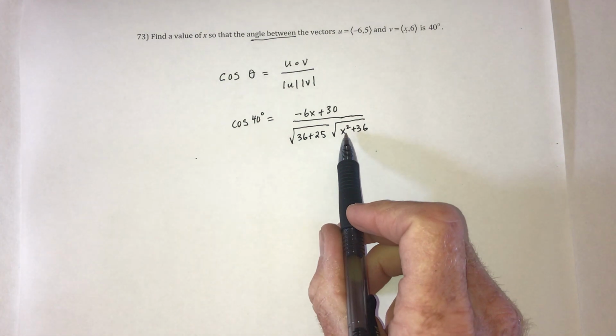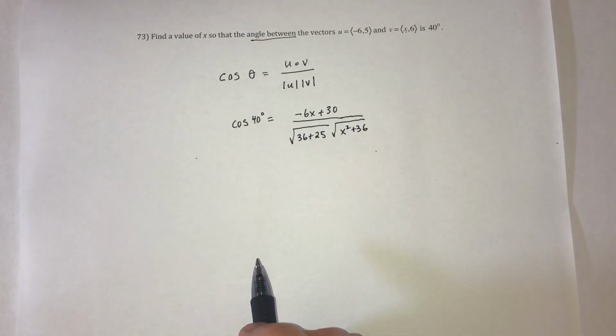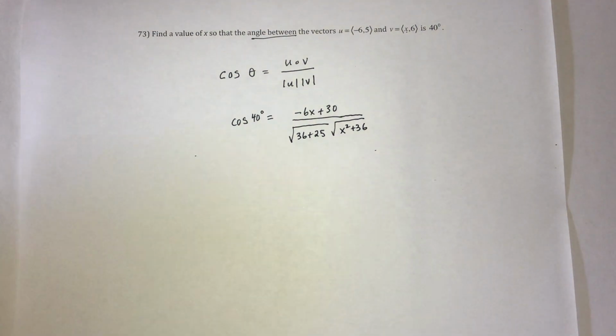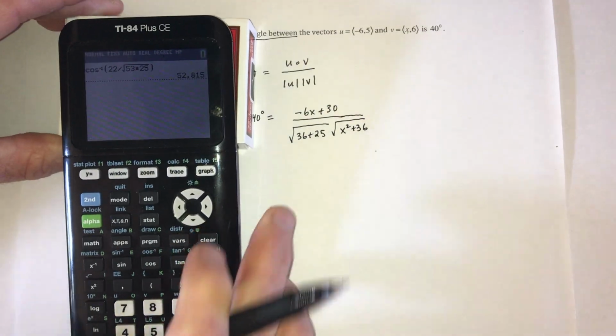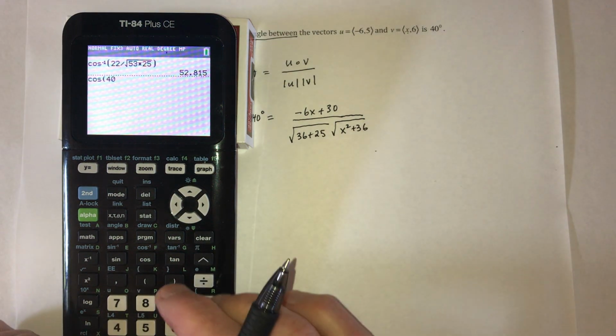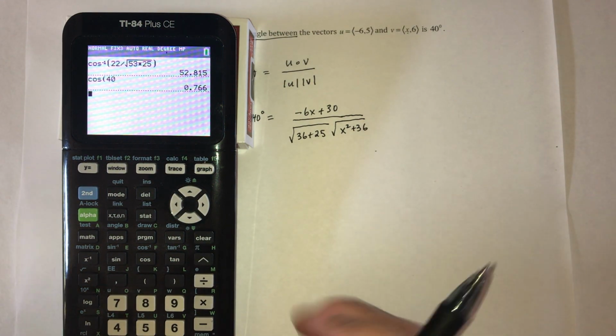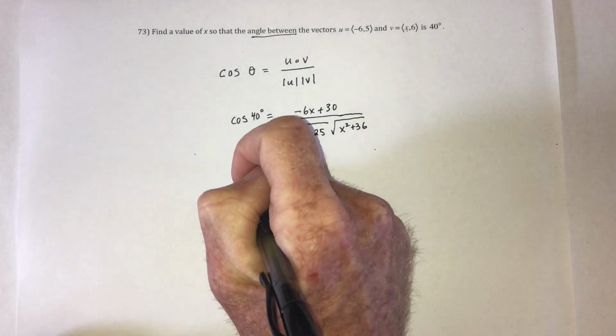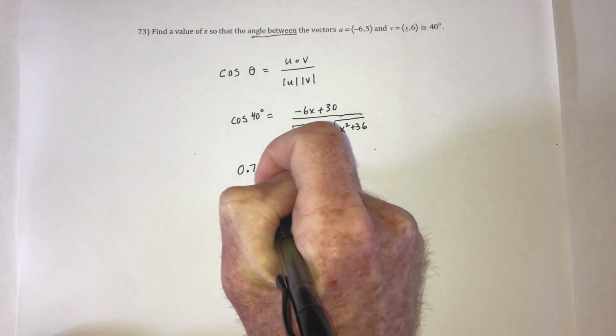So with it having an x squared and also an x, most likely we're going to use the quadratic formula. Well, let's start with what is cosine of 40 degrees. So a 0.766. So this side is 0.766.